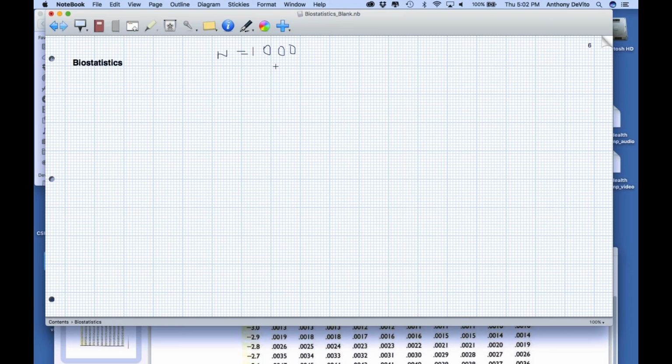Now, with that large sample, let's say that out of that 1,000 people, 200 have had a flu shot this year. So, what's the population proportion of people that have had flu shots? Not my sample. What's the population proportion that's had flu shots?